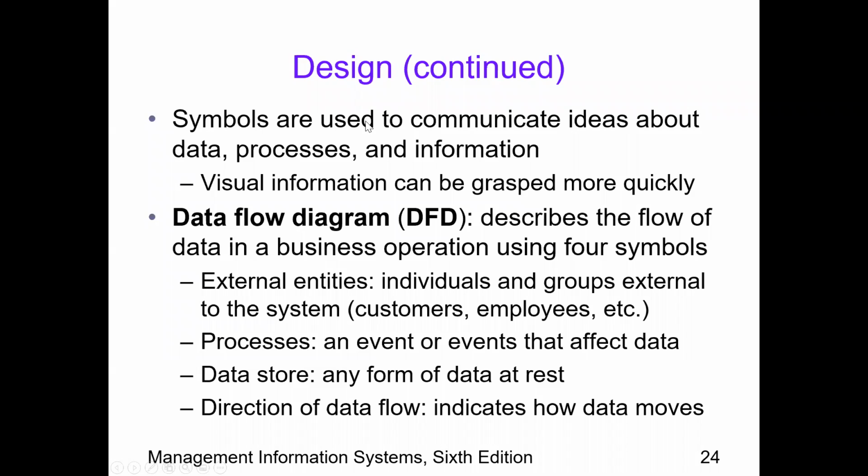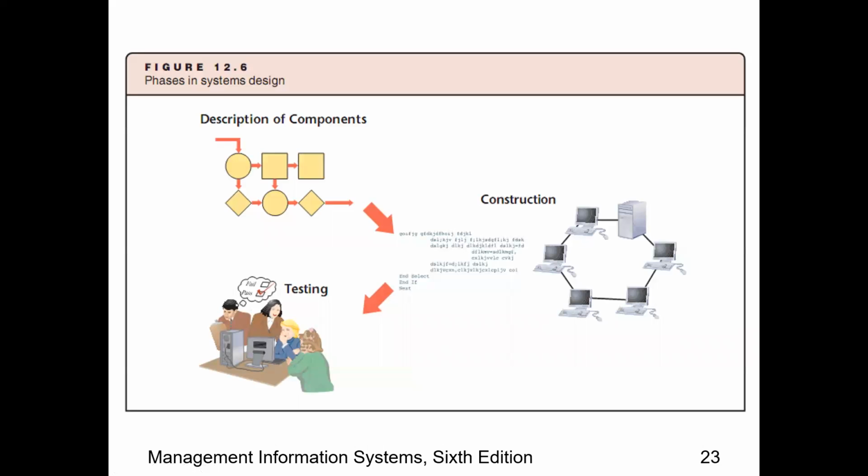Like I was saying, the design comprises 3 stages. The first one is you describe the components, and then you do what we call the construction, and then from there you test it.